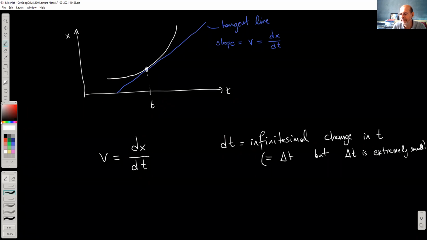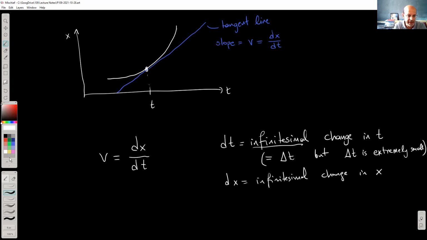It expresses the idea that we take the limit where this quantity goes to zero. So that's the meaning of infinitesimal. But still, it is a change. So dx is also an infinitesimal change in x this time, right? It's again a change in x divided by a change in t, just like in the average velocity, but we are saying that this quantity is essentially zero.